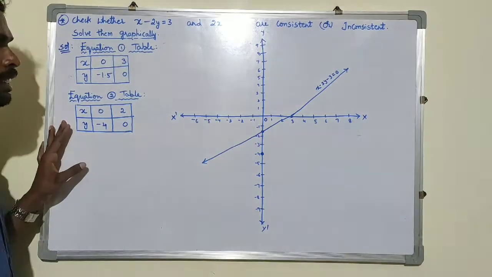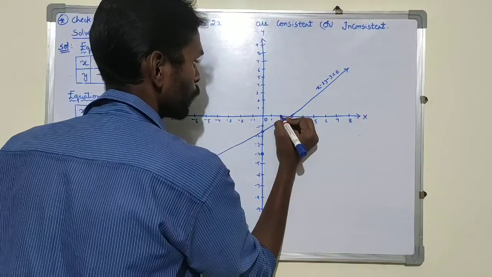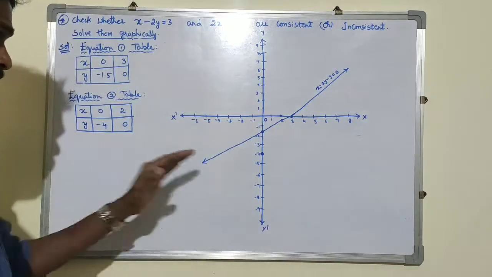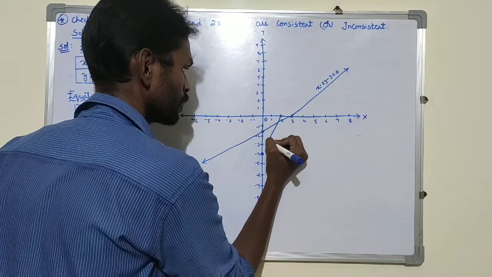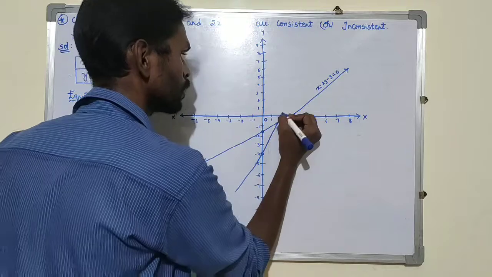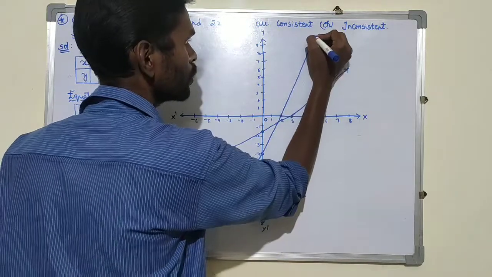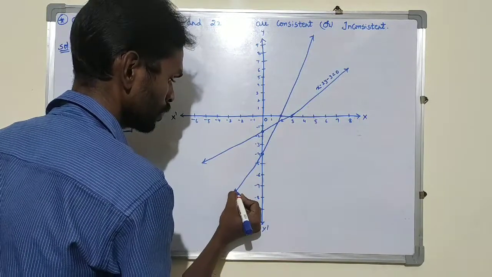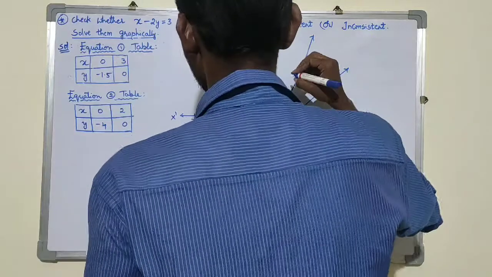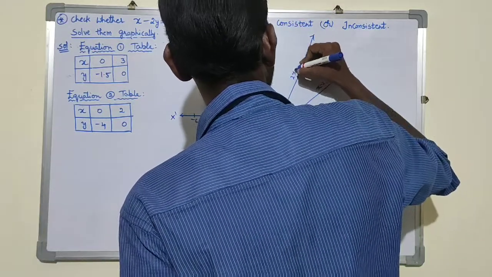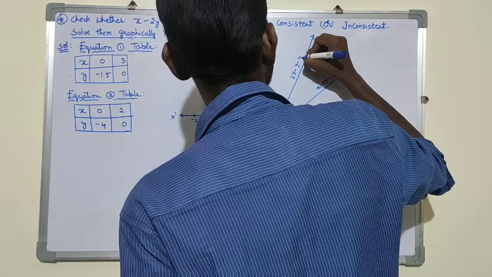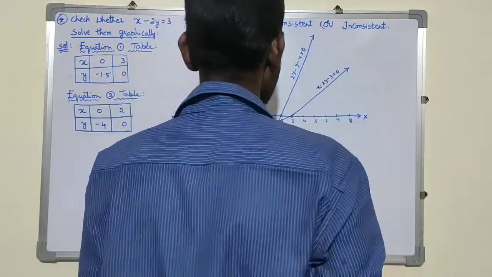What is the value on the x axis? 2. Similarly, join these 2 points with a scale. Write the equation name also here. That is 2x minus y minus 4 equal to 0.